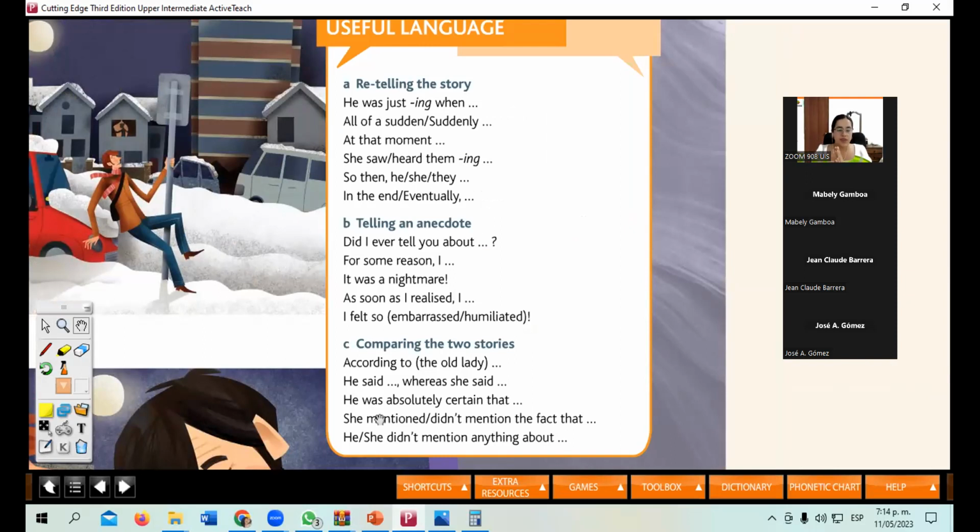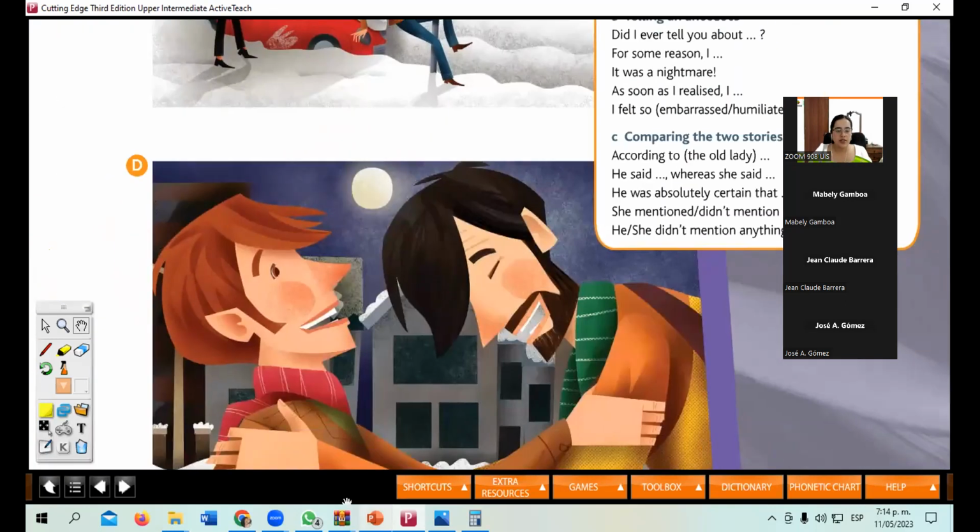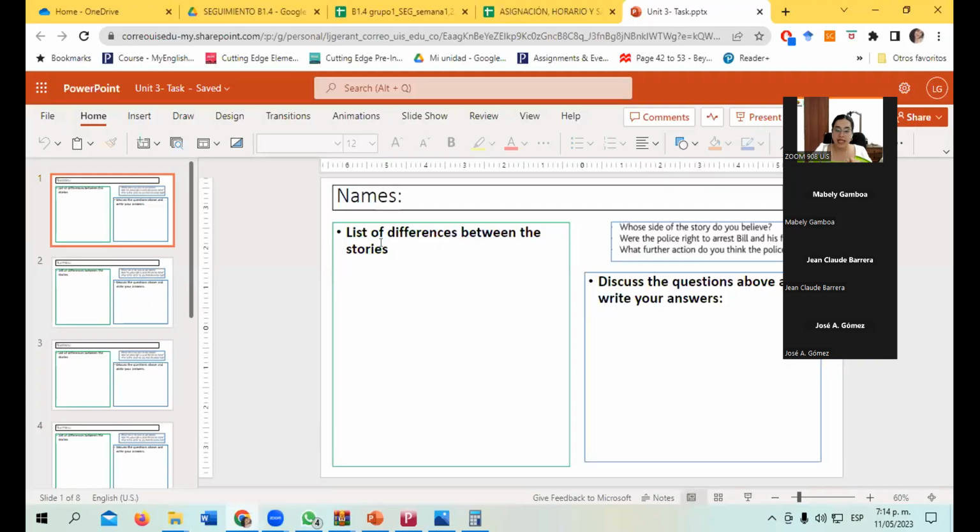Vamos a escribir unas oraciones con la información diferente o las grandes diferencias entre las dos historias, ¿no? He was certain that, él estaba seguro de que, she mentioned this or she didn't mention the fact, he didn't mention anything about, etc. So you're going to compare the two stories and write a list with the main differences between the two stories.